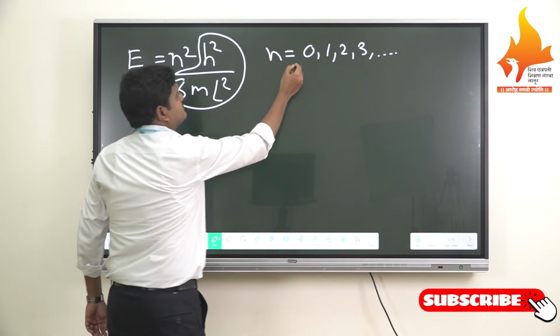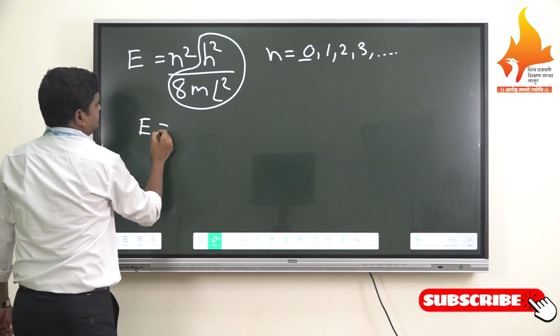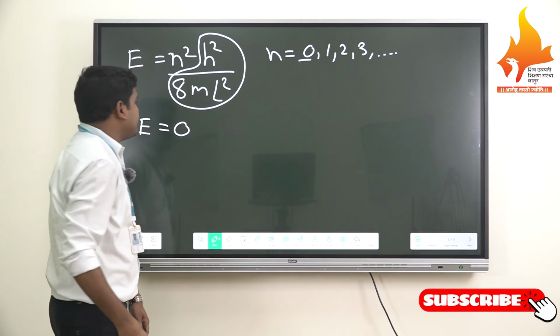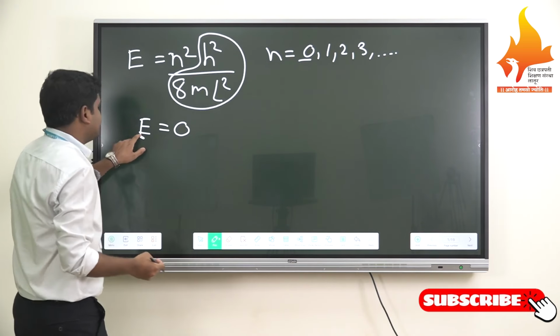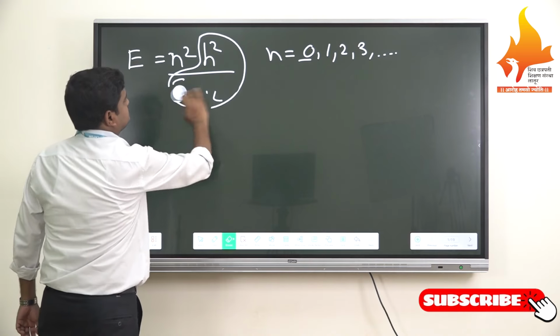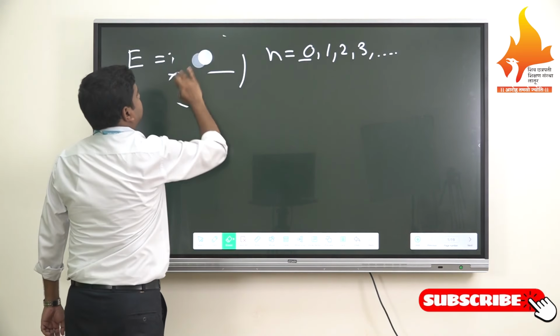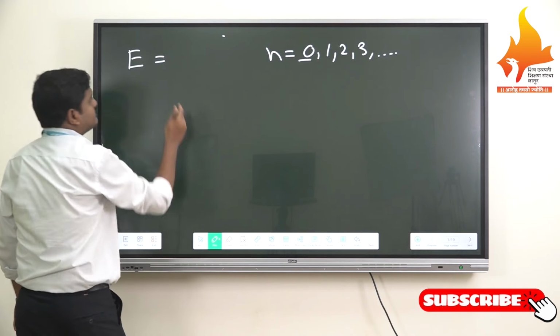If we put the value 0, the energy will become 0. That cannot happen, as the particle must exist, otherwise the energy of the particle cannot be 0. So we have to cancel out 0 and put other values in this equation. So let's put n is equal to 1.